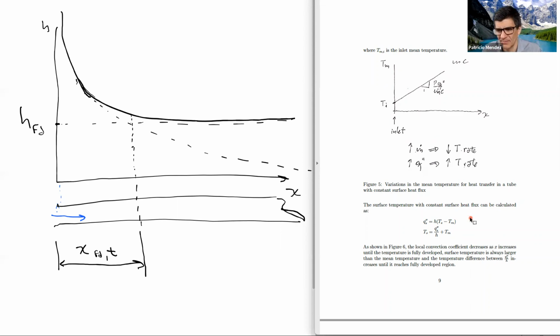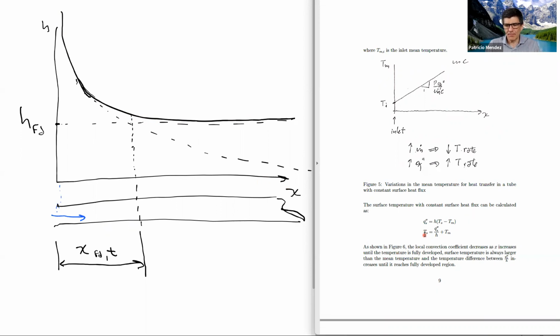This class is always the same, just making one more twist on the things we learned in the first few weeks of classes. But here is where the fun comes, because this equation doesn't seem to say much, except that the heat transfer coefficient H in the entry length is high, and in the fully developed flow is constant. So what do we know?